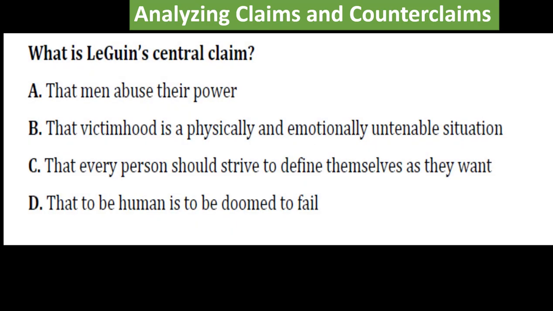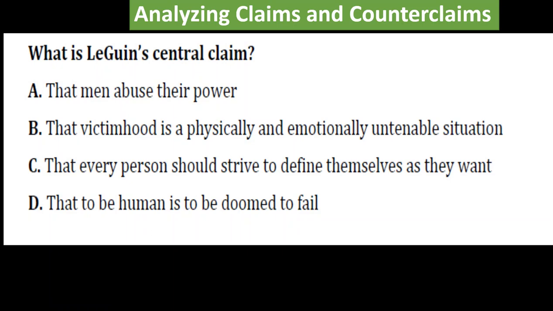And then we have analyzing claims and counterclaims. Claims or arguments, counterclaims or counter-arguments. That is the writer's opinion or idea or claim that he wants to express in his passage. An example here, what is Le Guin's central claim or idea or opinion or suggestion or whatever in the text?